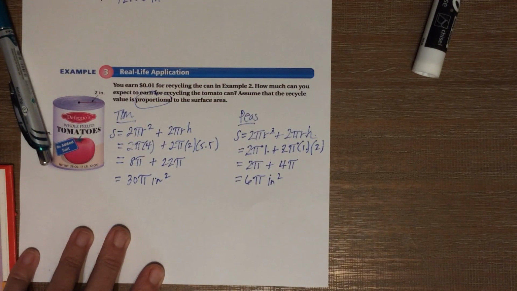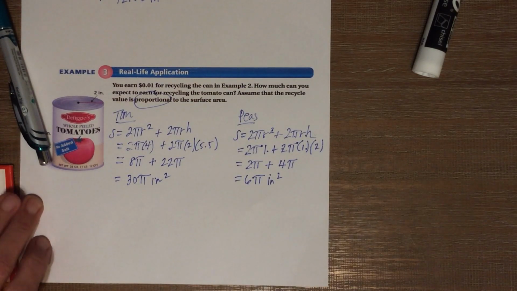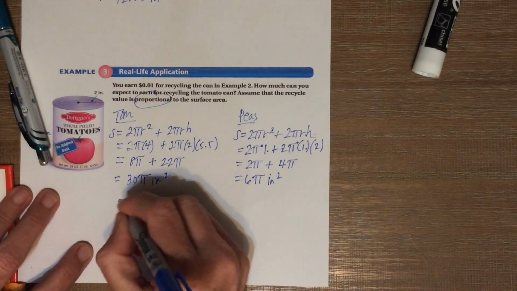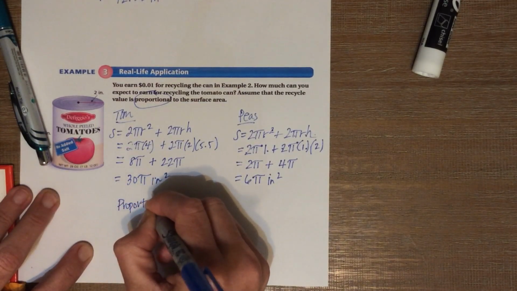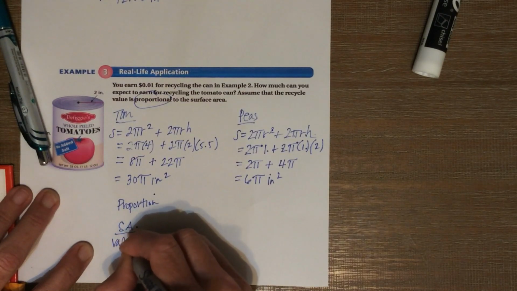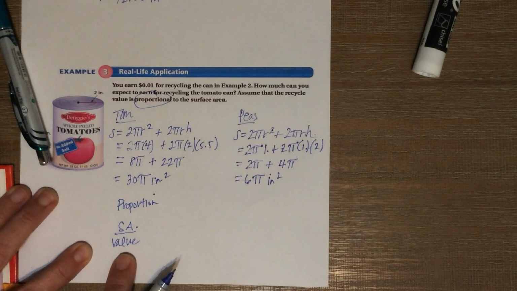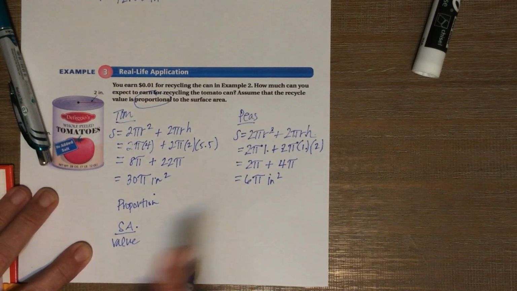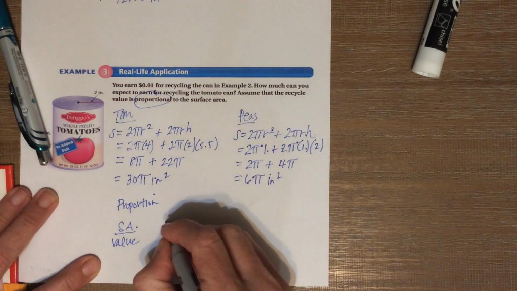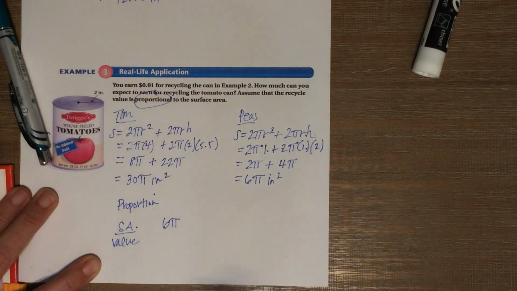So if the reward for recycling is proportional, we can do my favorite thing and set up a proportion. I know that the surface area over the value is proportional. I'm going to set up my words first. I know that the peas were 6 pi inches squared. I'm going to keep my units off of my proportion just to make it easier.